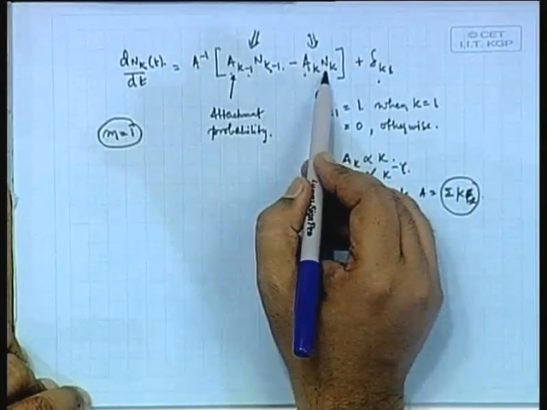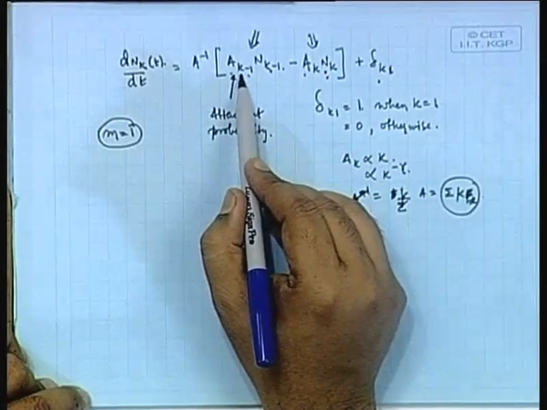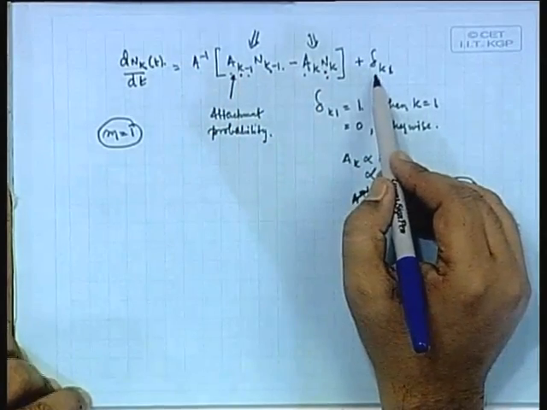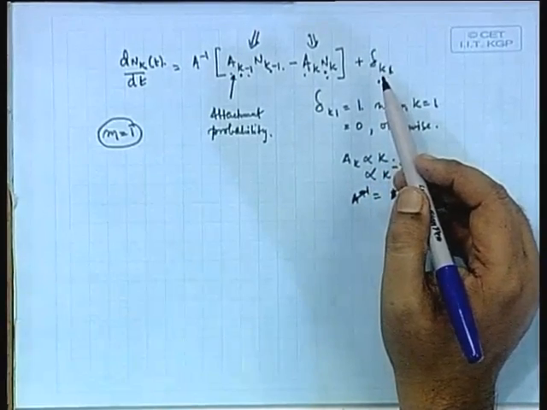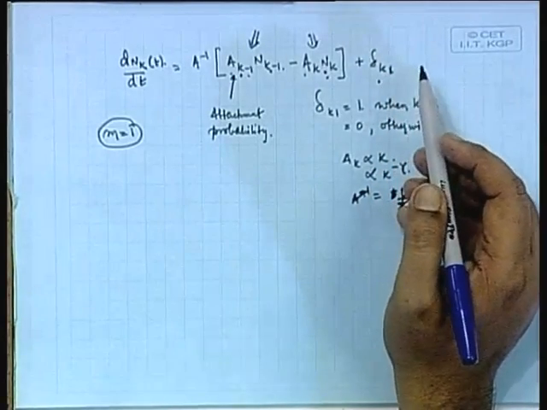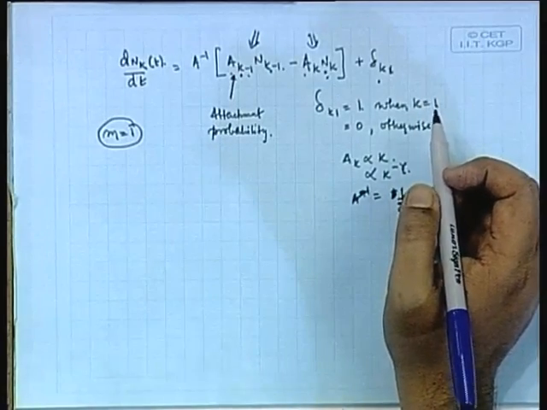So, in all the previous cases we were writing two equations, at k greater than m and k is equal to m. Now we have written a single equation. Okay.